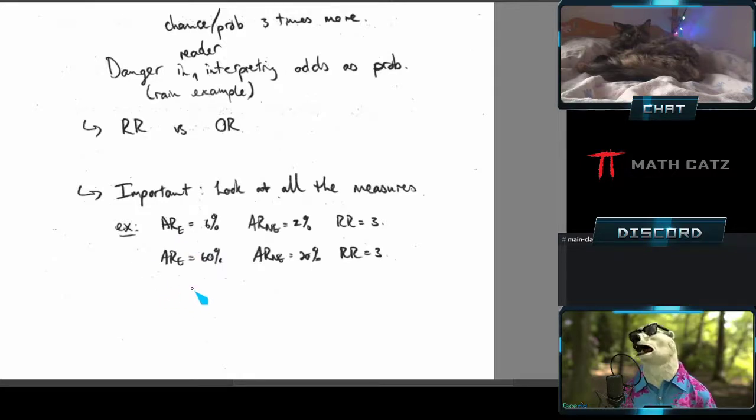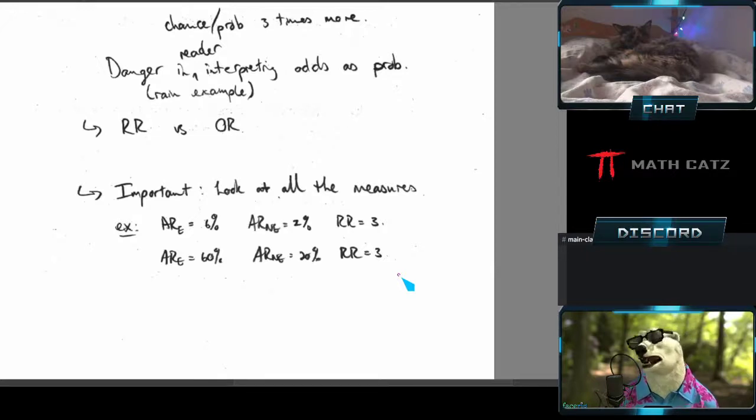However, in a different situation, I could have an absolute risk in the exposed group of 60% and not exposed is 20%. The relative risk is still 3. I'm still 3 times more at risk. So the relative risk on its own doesn't present the full picture. It is correct and it uses all the numbers, but it's only relative. The two percentages relative to each other.